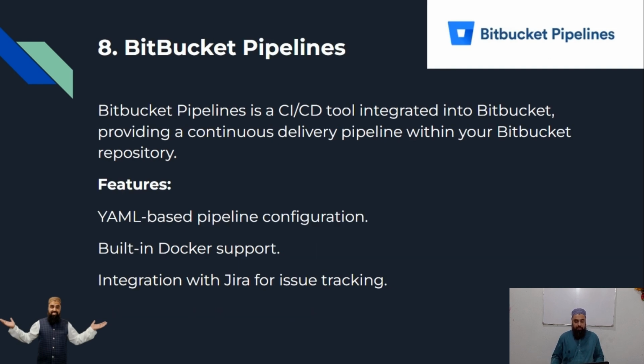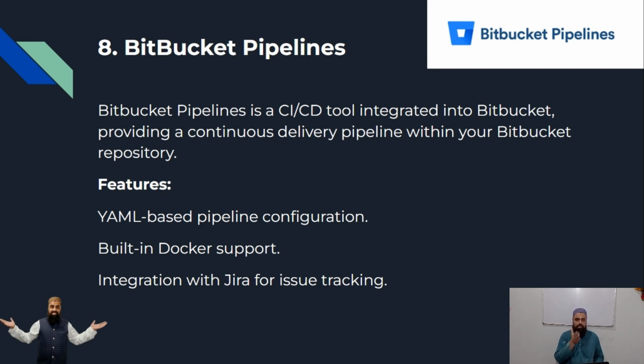Number 8, Bitbucket Pipelines. It is also a CI/CD tool which is integrated into Bitbucket. If you have your code on Bitbucket, it also provides a continuous delivery pipeline with your Bitbucket repository.